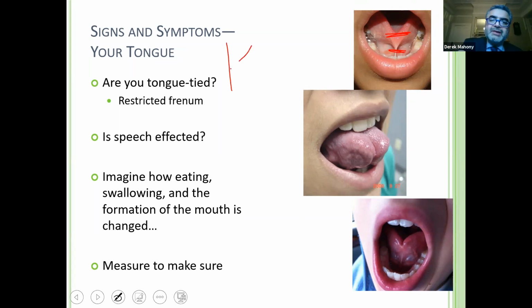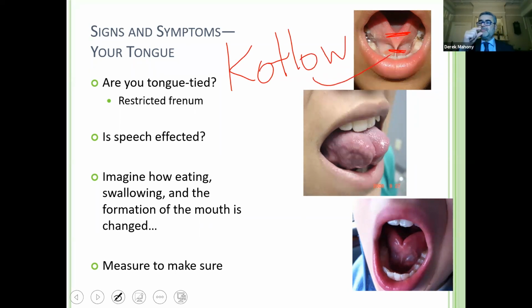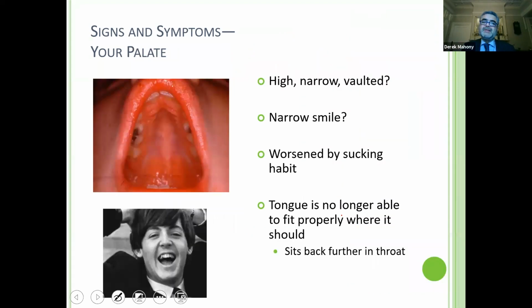The Kotlow test, again, one of your papers, which is the measurement from the insertion to the tip of the tongue, and the functional test, which is by Audrey Yoon, right? So the paper by Yoon, the paper by Kotlow, because it's really important you pick up these kids early, because if you don't, then that tongue is not doing its job.